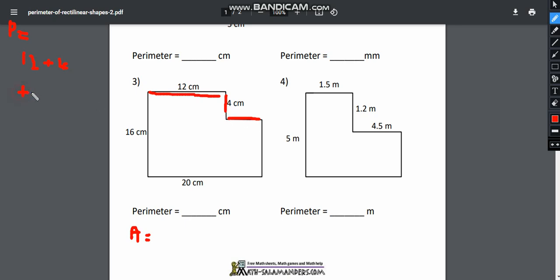So it's 12 plus 4 plus 8. What's this length here? Well, this height and this height is going to be the same as 16. So if this is 4, then this must be 12, to make 12 plus 4 is 16. So this is 12.